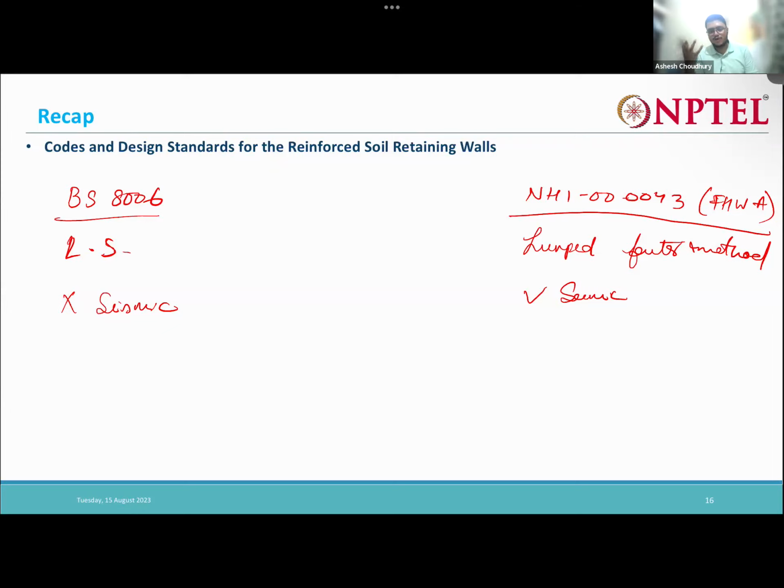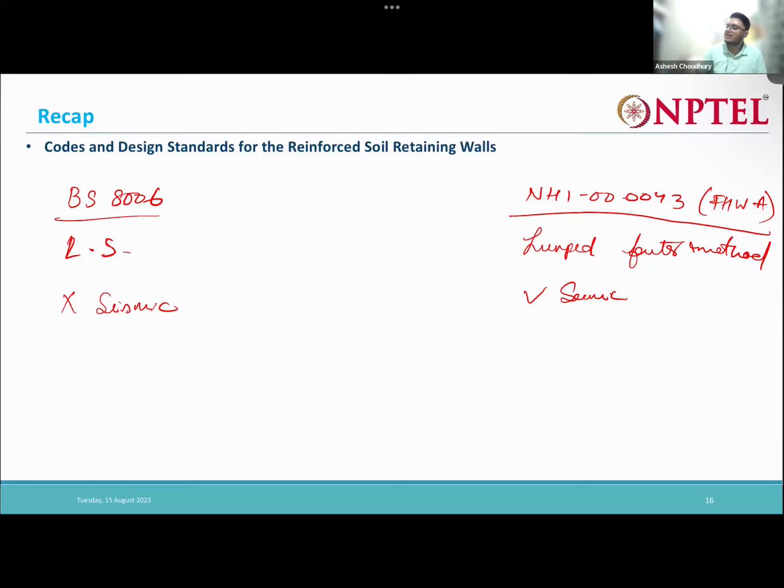So generally, if you remember from your soil mechanics class, or the design of retaining walls, where we might have solved some problems, you might remember that you had done some checks for overturning and eccentricity, right?